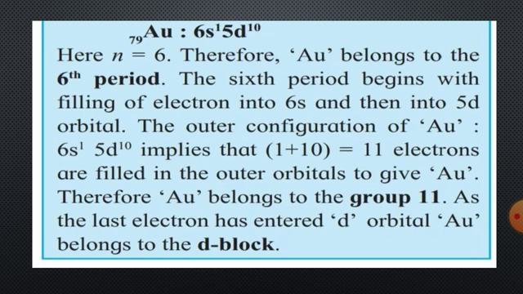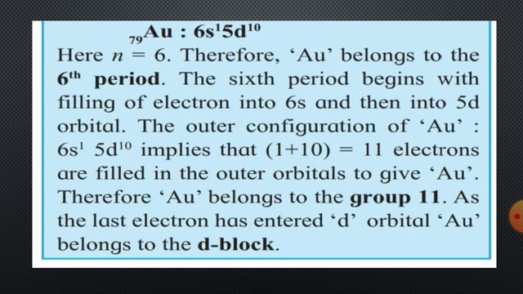The last one is Au, that is gold, whose atomic number is 79 and electronic configuration is 6s1 5d10. Here how many shells are present? 6. Don't look at the last one, 5d. 5d is the inner subshell. The outermost shell is 6.